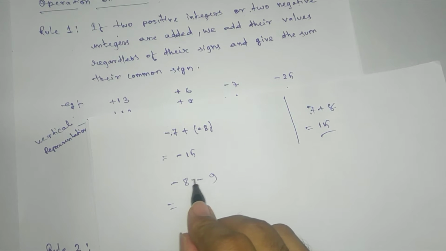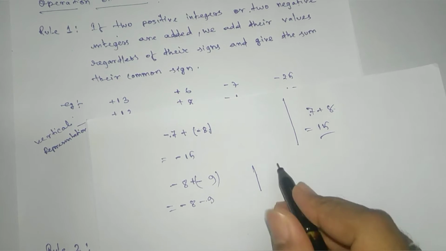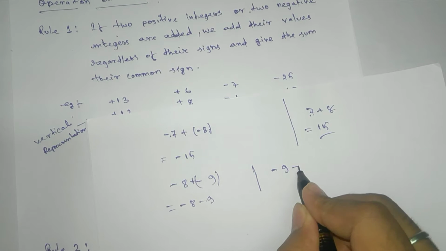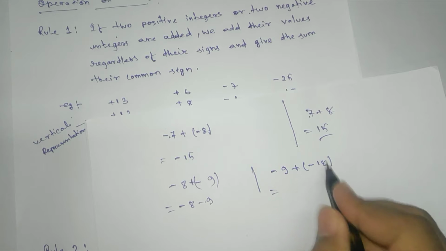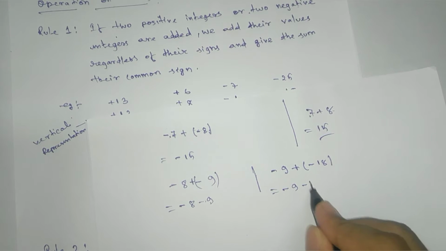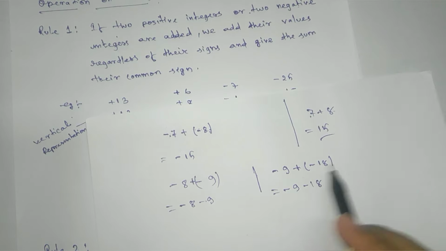This can be represented in another way, that is minus 8 minus 9, both are the same. Remember, minus 9 plus minus 18 and minus 9 minus 18 are both the same, just the presentation is different but the meaning is the same.